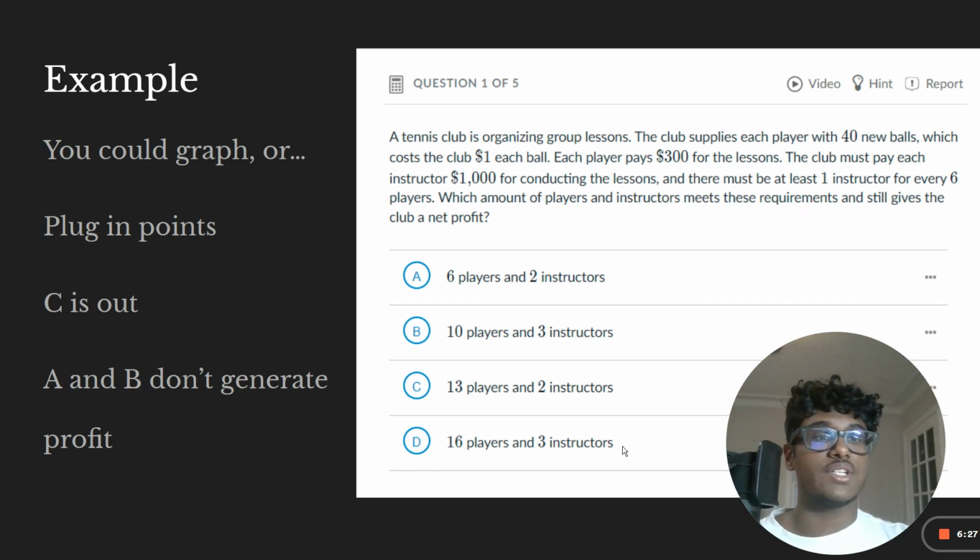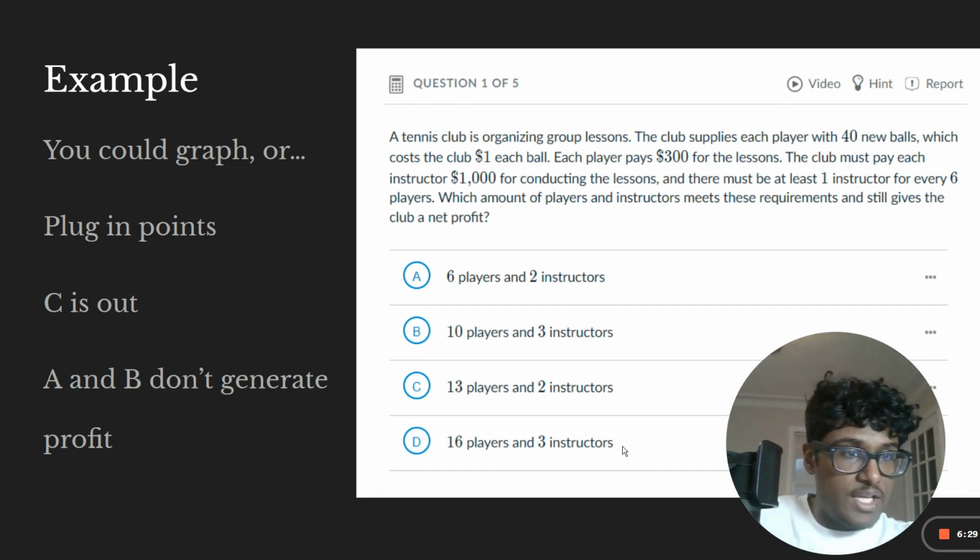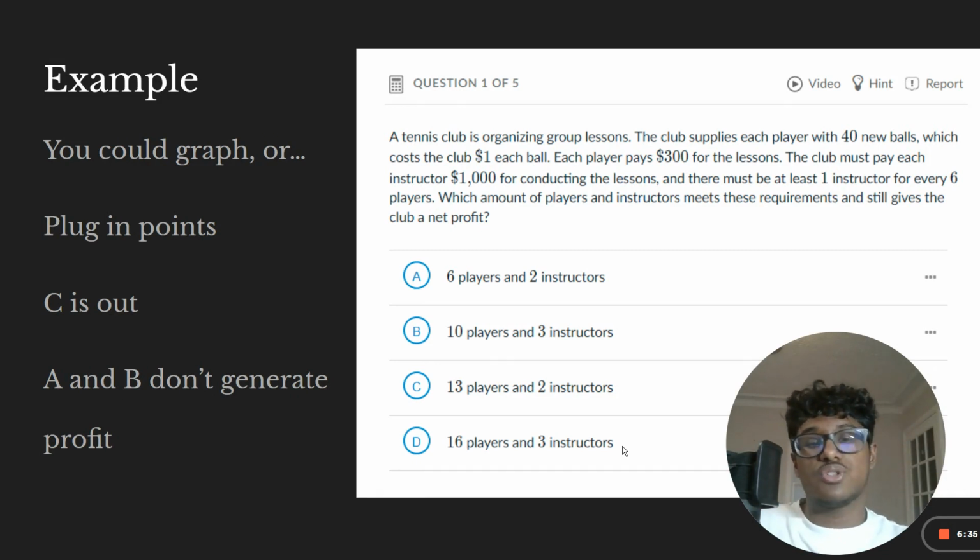So the first one, obviously, is that we need one instructor for every 6 players, right? So C is already out, because we have 13 players and two instructors. That violates the rule. Now we know that each player pays 300 for the lessons. So the total amount of money is 300 times the number of players. And from that, we subtract 40 times the number of players and 1,000 times the number of instructors.